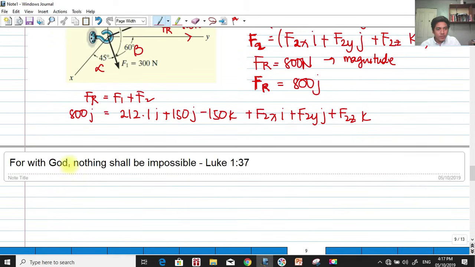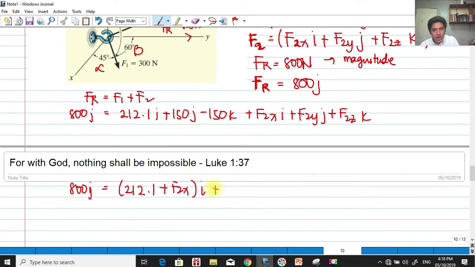If we regroup like terms, we have 800j here, and on the other side 212.1 plus F2x, factor out i, plus 150 plus F2y, j, plus negative 150 plus F2z, the component along z of force 2, k.